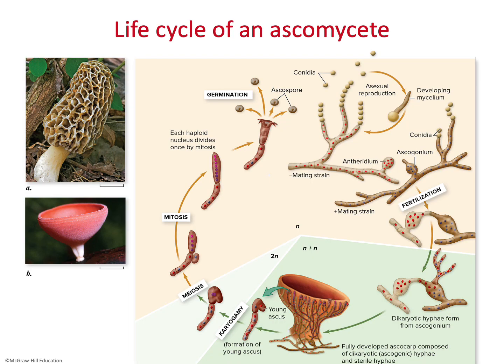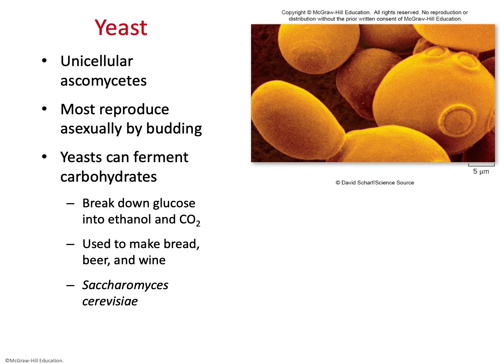So here is a picture of cup fungi and morel fungi, and they are also showing the sexual reproduction, the production of the ascospores through their life cycle. These spores can go and start a new fungal mycelium when they find a good moist environment.